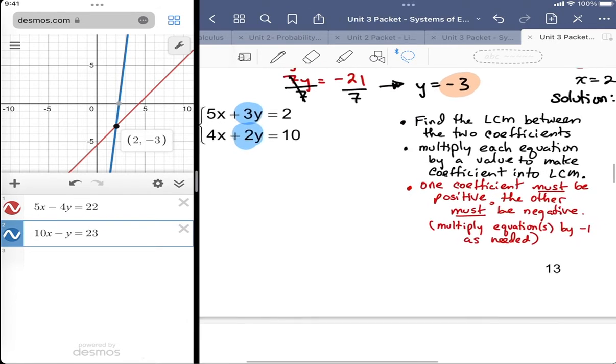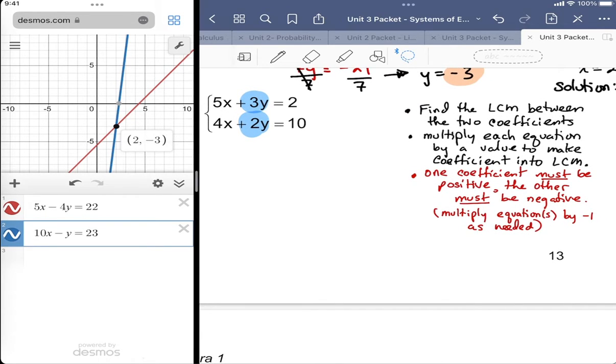All right. What you're going to do is find the LCM between the two coefficients. And I'll talk about how to do that in a minute, but for now we're just thinking about the process. Find the LCM between the two coefficients, and we multiply each equation by a value to make the coefficient into the LCM.